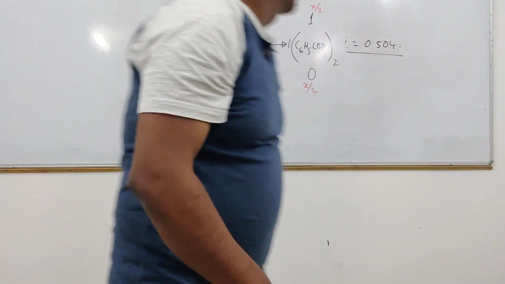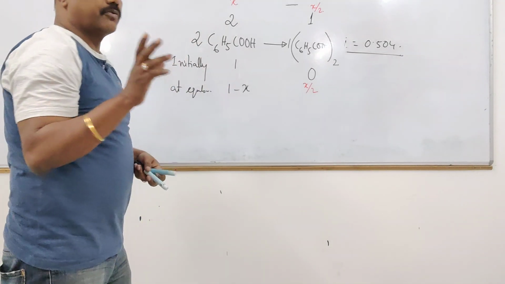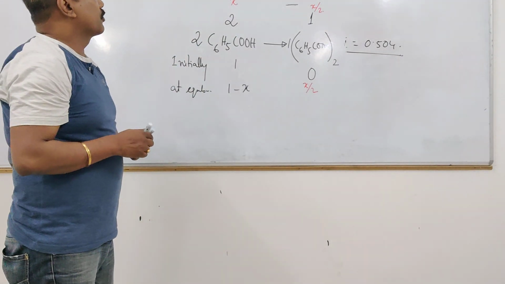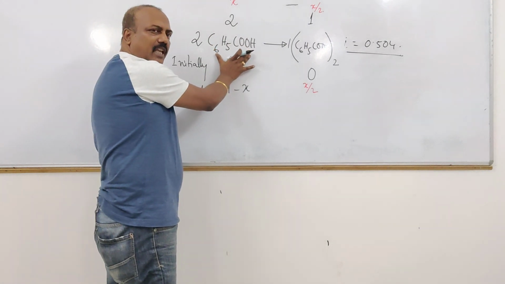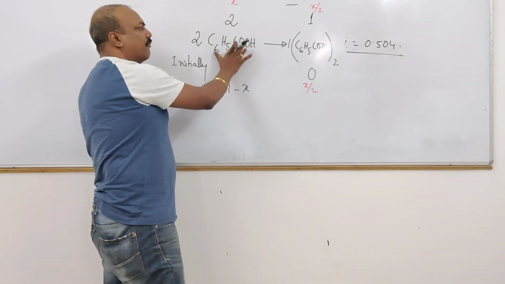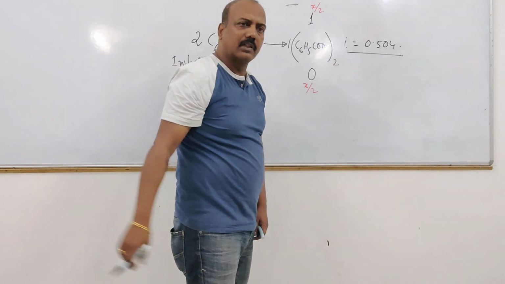See, I don't know whether you understood it or not, so again I am saying, suppose we have taken 4 molecules of C6H5COOH, and those 4 become 2 particles. Clear?